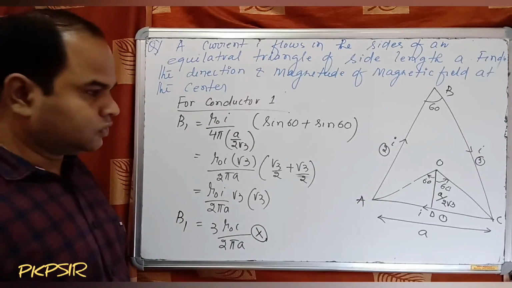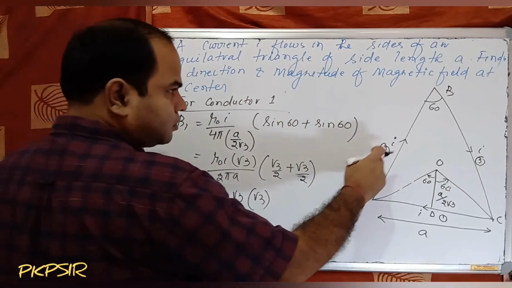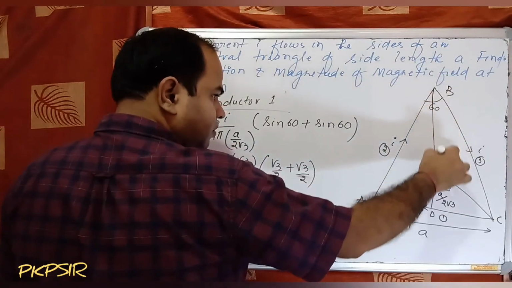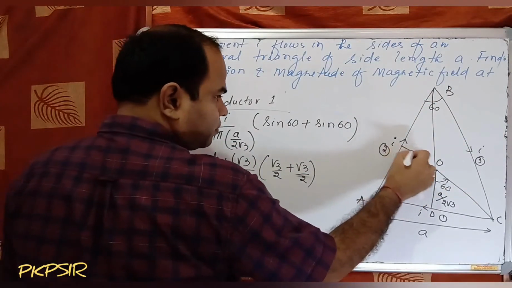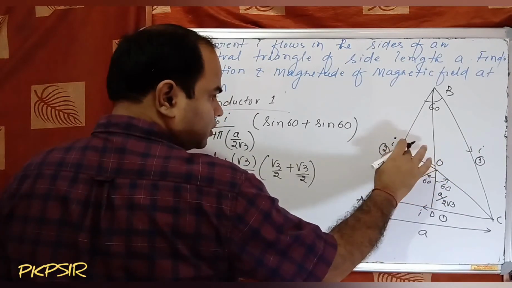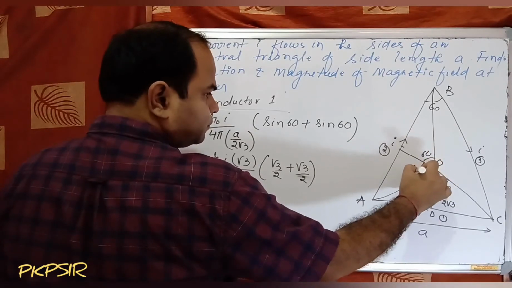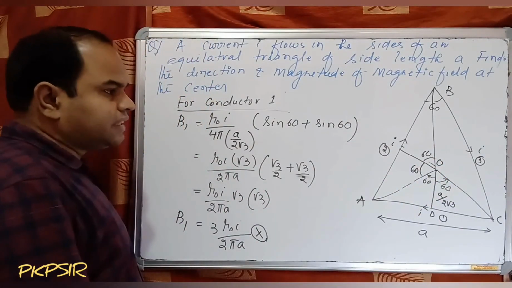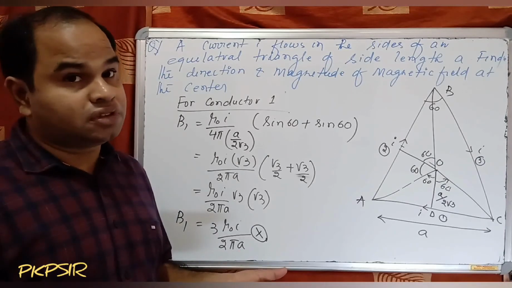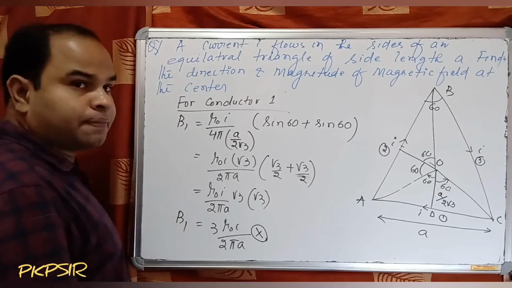Same thing for the second conductor. This is the perpendicular distance. Here also the angles are 60, so for the second conductor phi 1 and phi 2 are 60 and the distance is also the same.